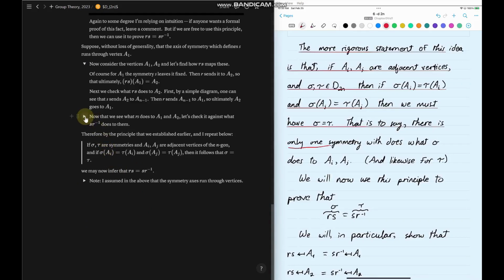That is to say, there is only one symmetry which does what sigma does to A_i, A_j, and likewise for tau.